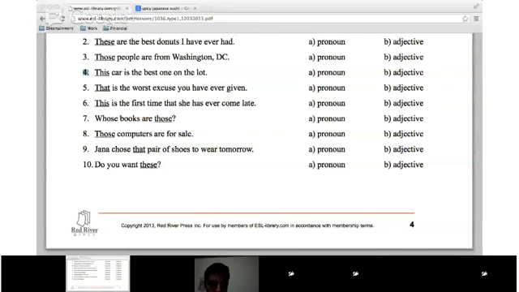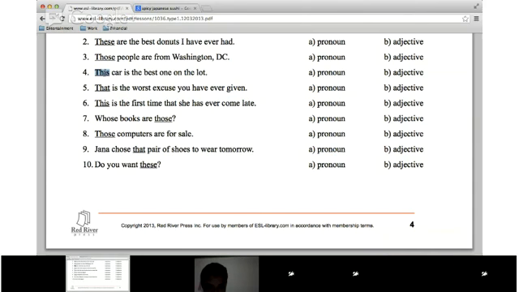This is for Pipe. This car is the best one on the lot. Number 4. Is that a pronoun or an adjective? It's a pronoun. Okay, let's check this out.